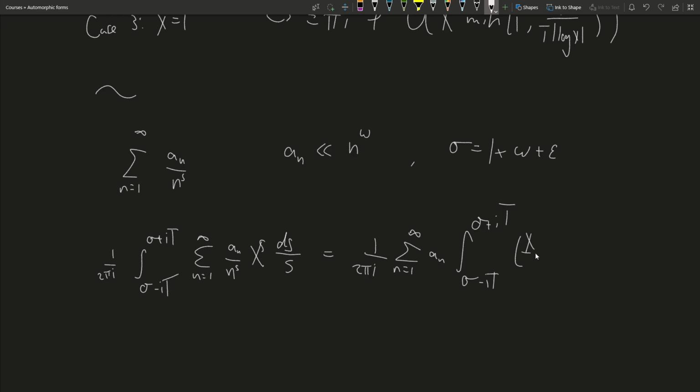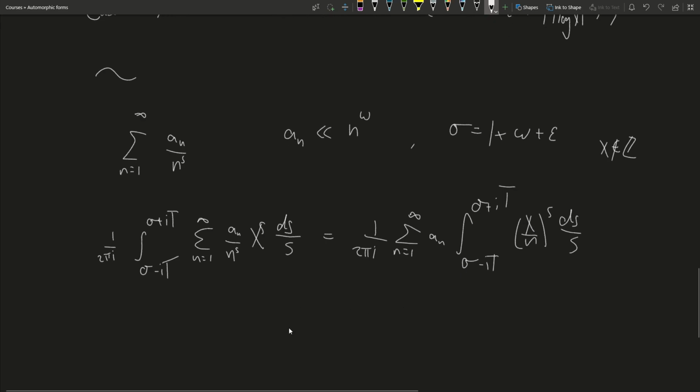Here, instead of x, we have x over n to the s ds over s. And what we found above, and I'm going to assume that x is not an integer, so we don't have to worry about case 3 of x being 1, was that essentially this integral is 0 if x over n is less than 1, and it's 2 pi i if x over n is greater than 1.